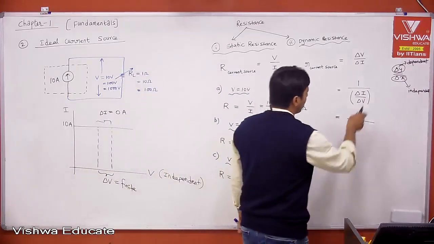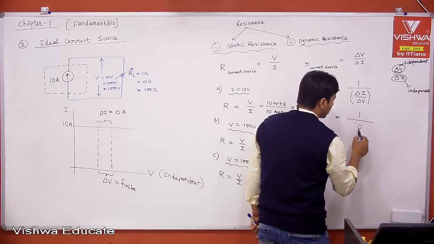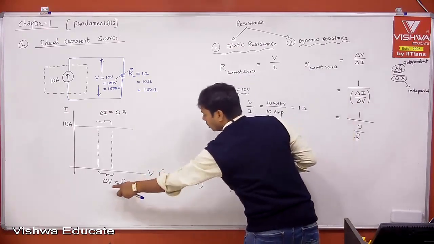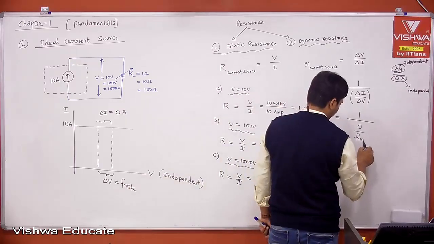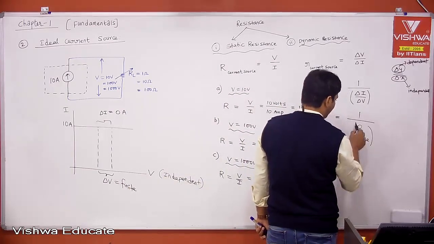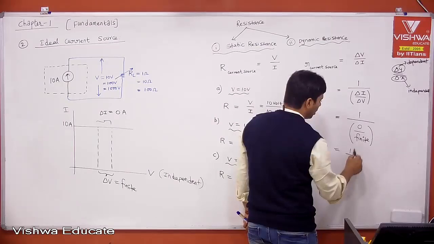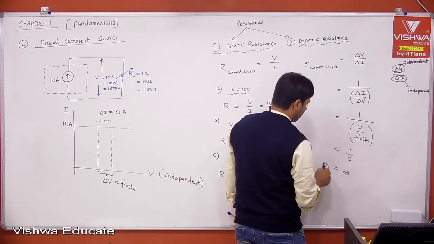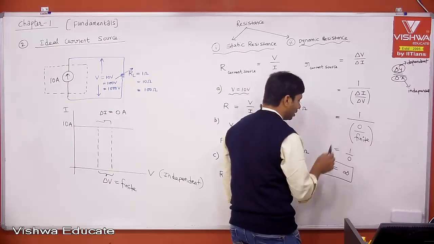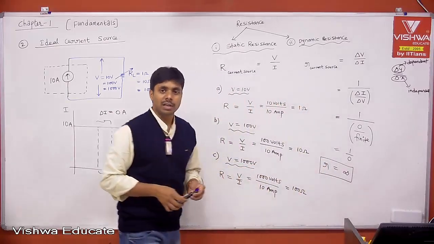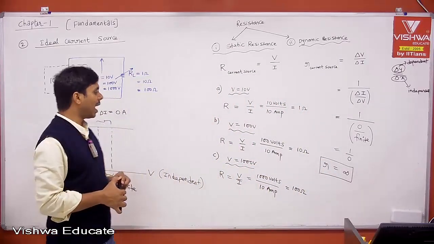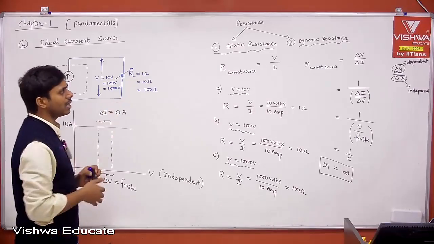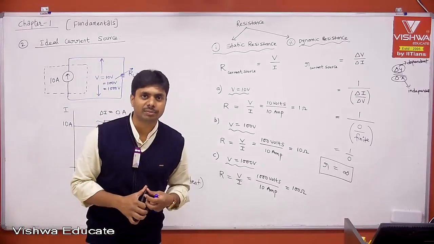Okay. Having said that, what is the change in current? The change in current is 0, divided by the change in voltage, which is a finite value. Therefore, if you take this, what is this value? 1 by 0 by finite, that is 0 in the denominator. Therefore, what is the meaning of this? This is infinity. The resistance of your ideal current source is infinity if you take the dynamic resistance definition.